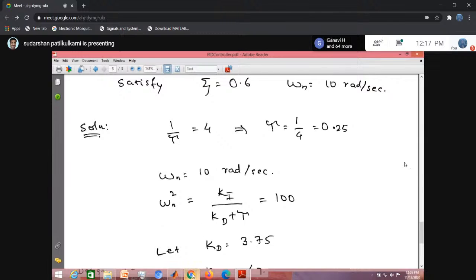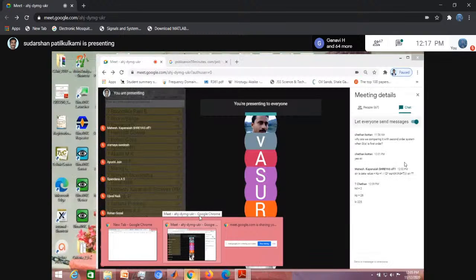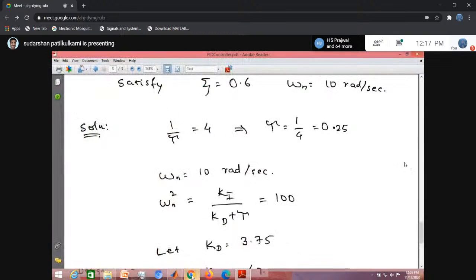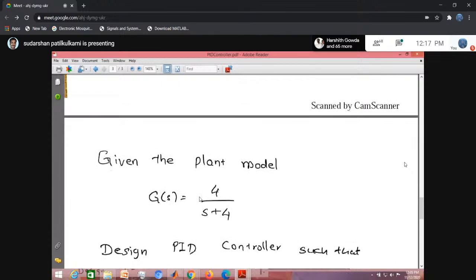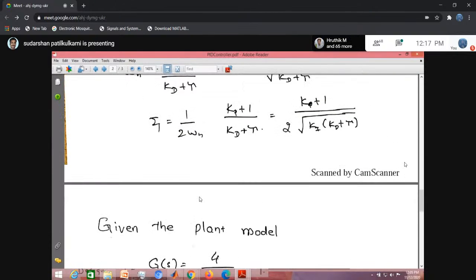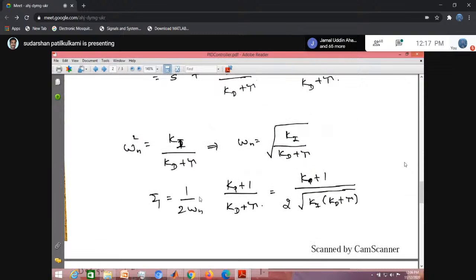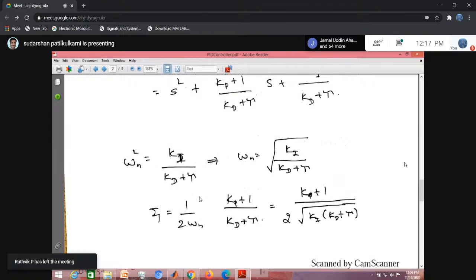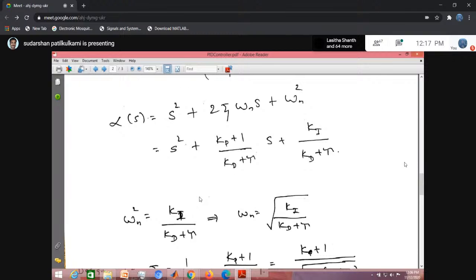Okay, if there are no questions, I'll upload these notes on the web page. For the second test, the portion starts from time domain parameters. It is standard second order system analysis.